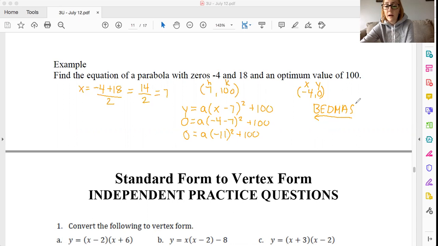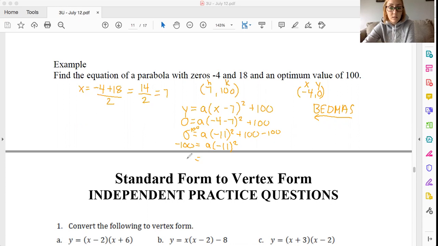Is there anything being added or subtracted onto this one side? There is, so we can get rid of this 100. To get rid of that, we do the opposite operation. Right now it's being added, so we're going to subtract it on both sides. Whatever you do on one side, you have to do to the other. You're left with that.